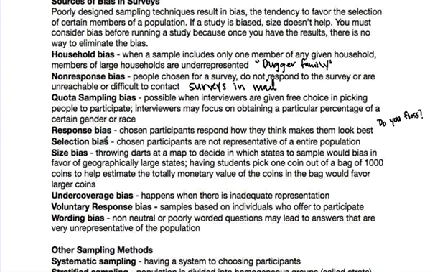Selection bias. This is when chosen participants are not representative of an entire population. An example of selection bias would be back in the 1936 presidential election, when the Literary Digest opinion poll predicted a landslide victory for Alfred Landon over Franklin Delano Roosevelt. The reason for that incorrect prediction was that the Digest only surveyed people with cars and telephones.